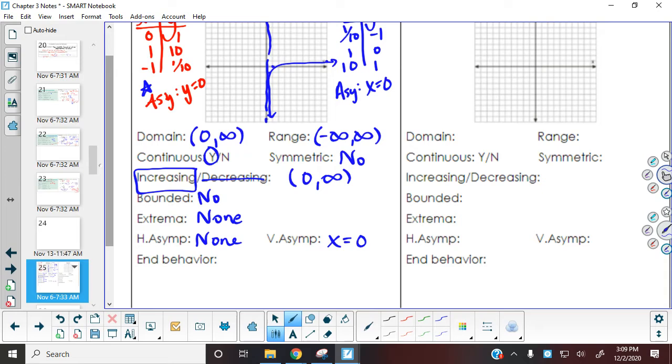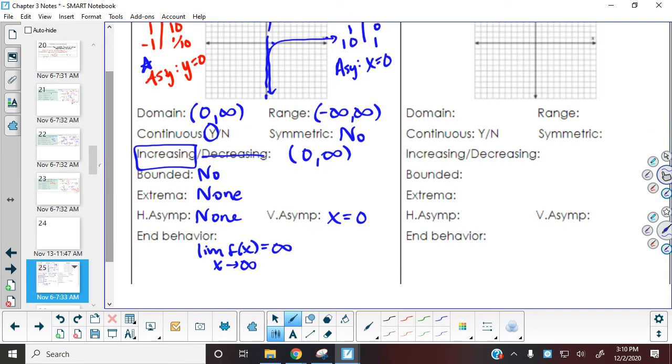Your end behaviors. So when you look at this, you've got the limit of f of x as x approaches infinity. So as you look way, way to the right, it's approaching +infinity. Again, it's approaching it slowly. And then you have technically a limit at the asymptote. So I'm going to put limit at the asymptote.